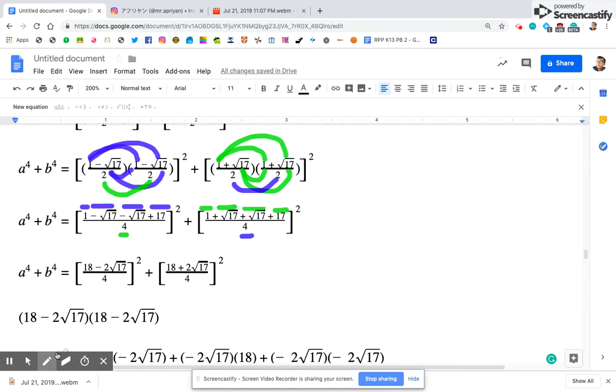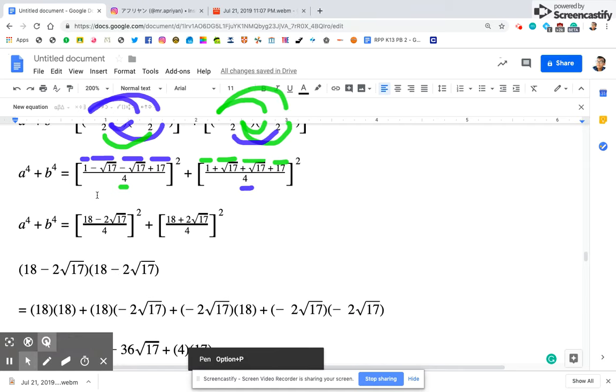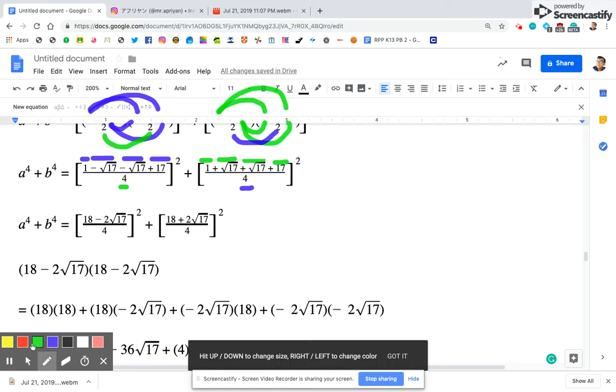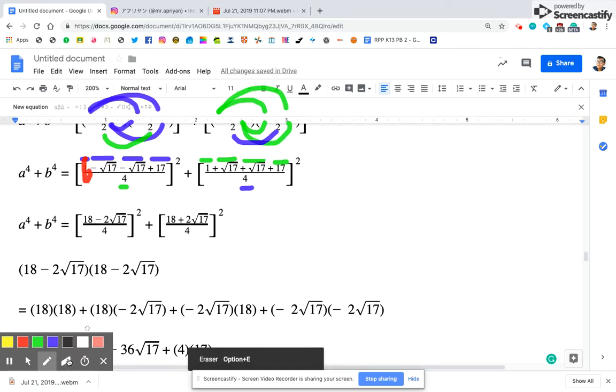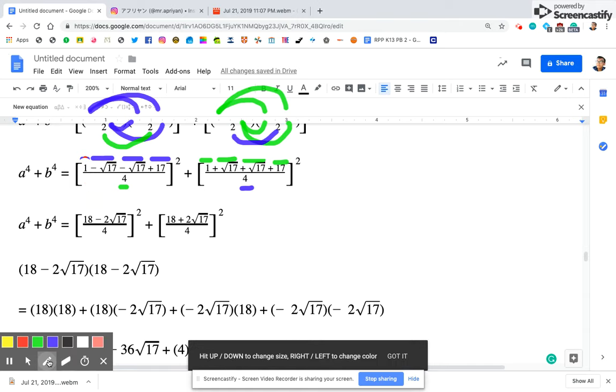Alright, let's simplify. Sorry, I'm just going to use the red. 1 and then plus 17 will be 18 here.